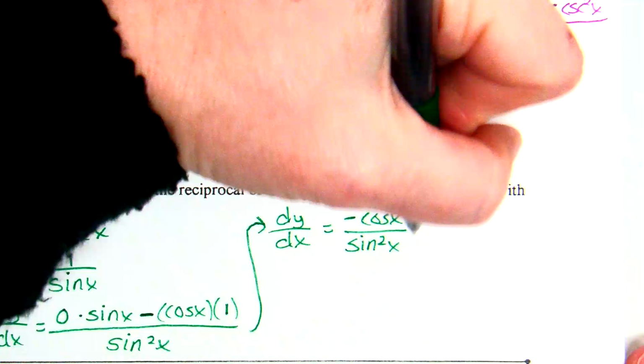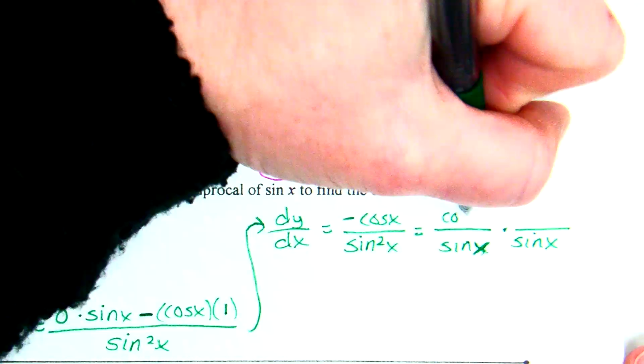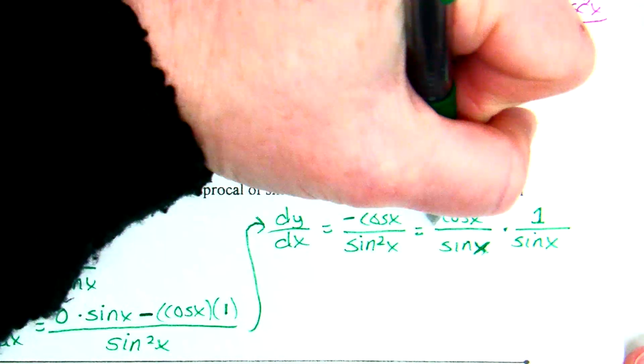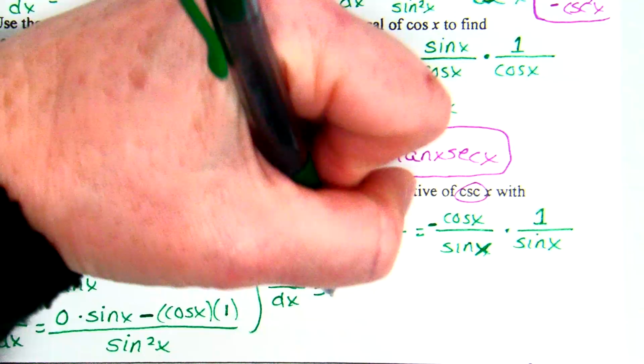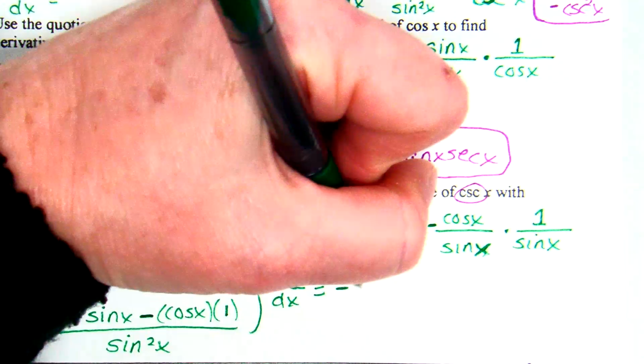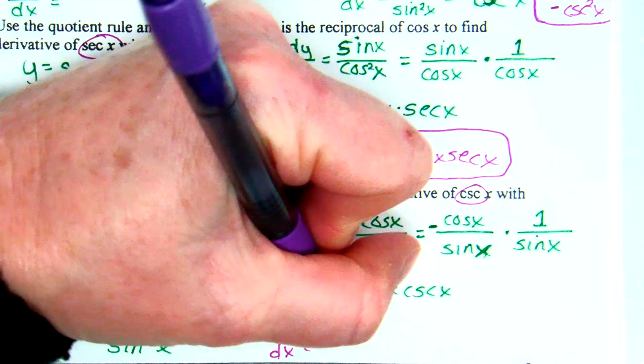One numerator is the cosine x, the other numerator is 1, and out front somewhere you should have a negative. So, negative, what is cosine over sine? Cotangent. And what is 1 over sine? Cosecant. So, we have just proved that the derivative of cosecant x is negative cotangent x, cosecant x.